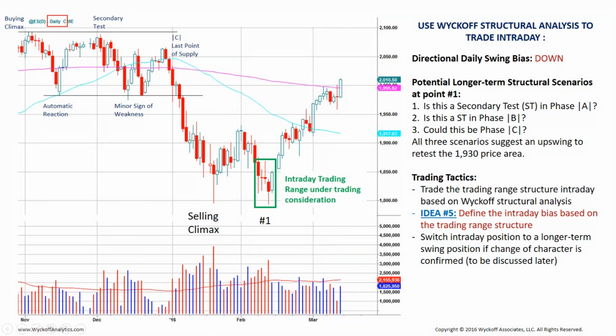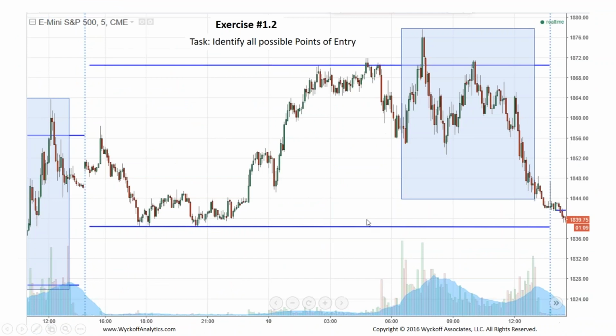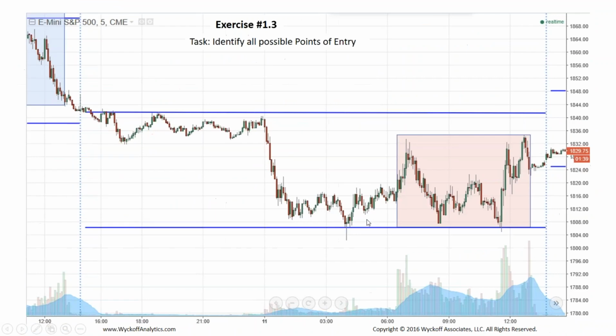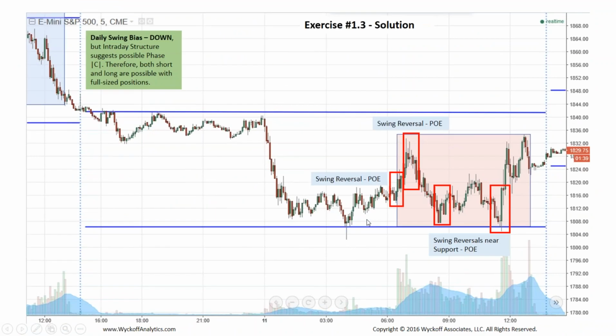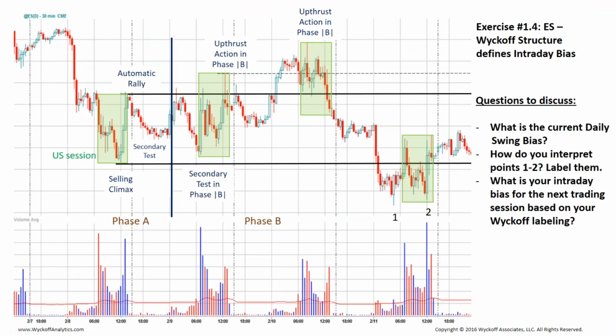So with that understanding, let's look at the intraday structure of what has happened. And I've listed potential reversals here. Here is the intraday structure now. So how would we label 1 and 2? There've got to be springs in phase C. Spring, and then 2 is what?